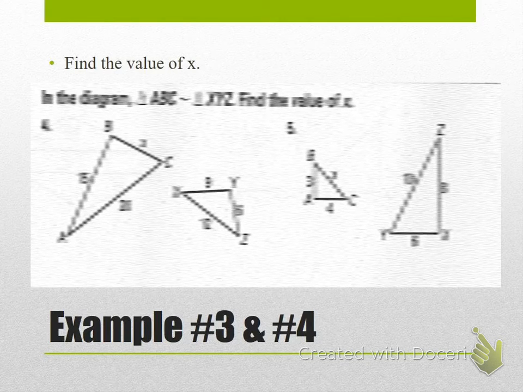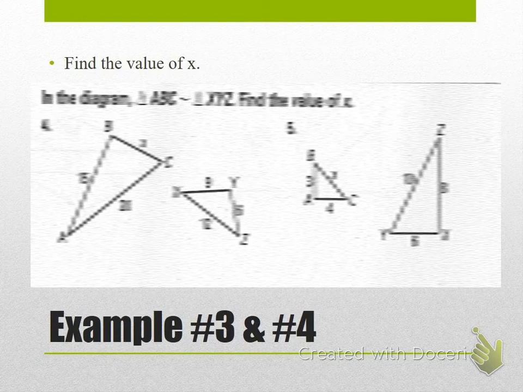Okay, so on these, we are told that triangle ABC is similar to triangle XYZ. We are asked to find the value of x. In this case, you cannot rely on matching up smallest to smallest, biggest to biggest. That only works when all of the sides are labeled. But here, we don't know this side BC. We don't know if that's the biggest side or the smallest side.